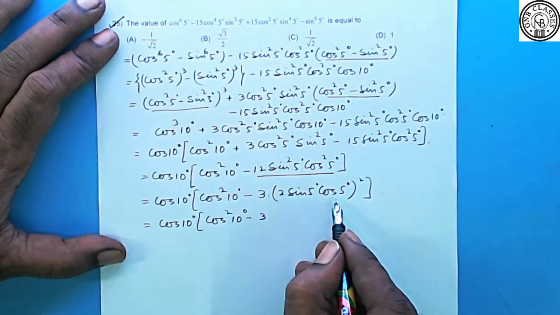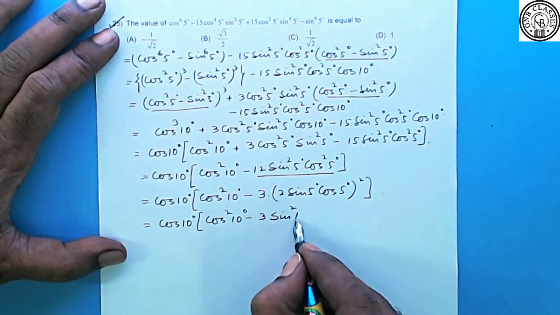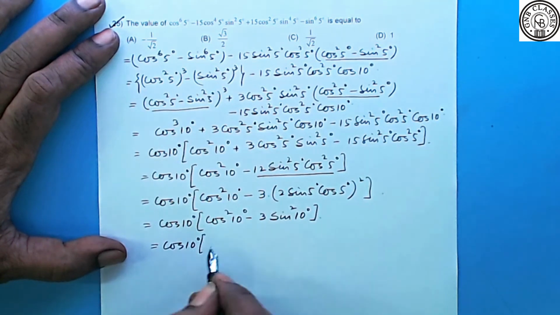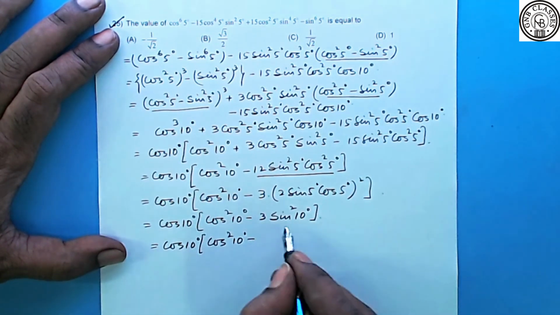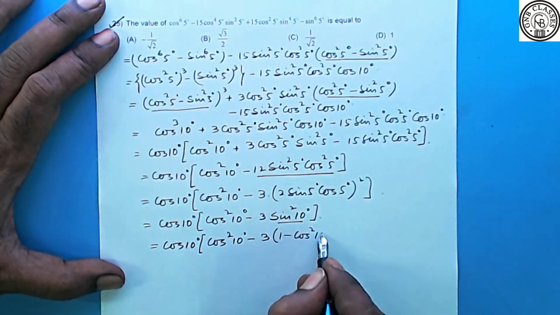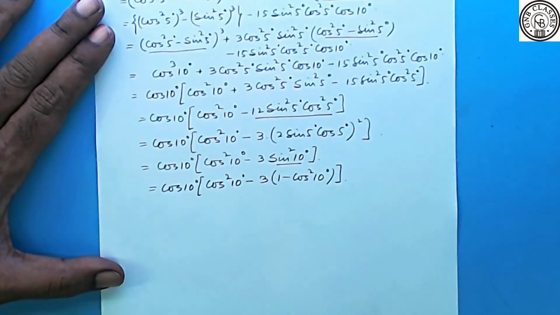This is 2 sin a cos a, so sin 2a, that gives you sin square 10 degrees. Sin square 10 degree can be written as, let me just open the brackets.